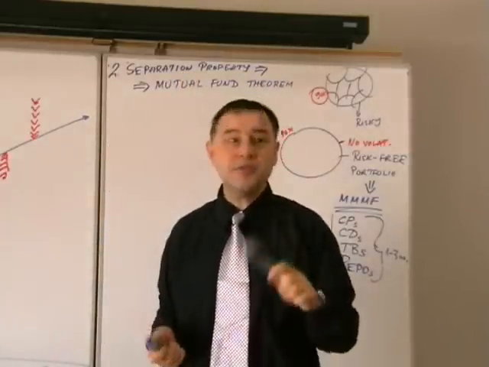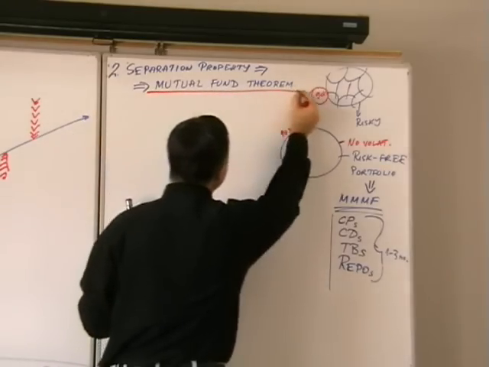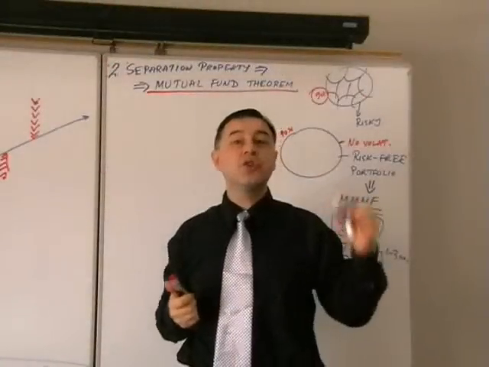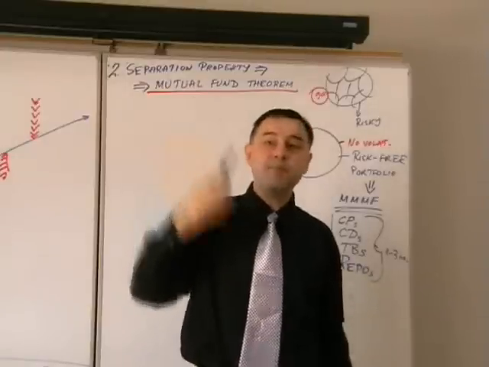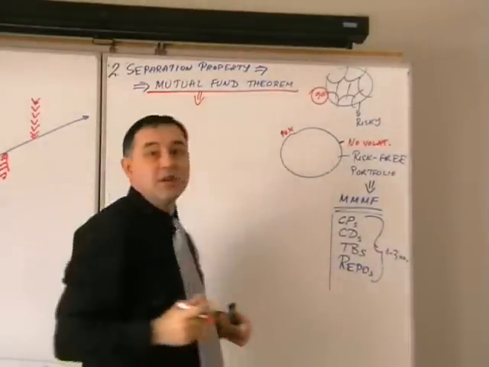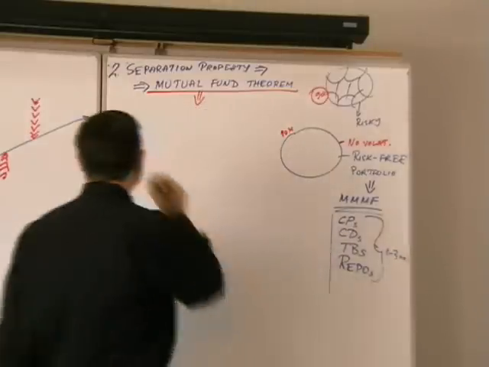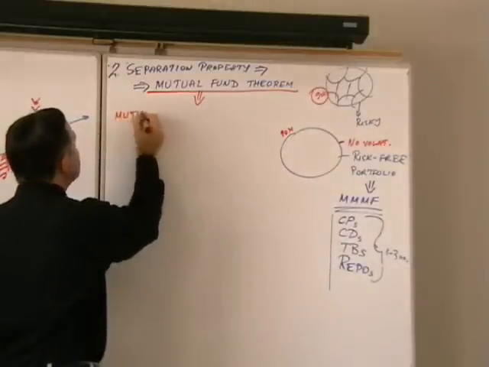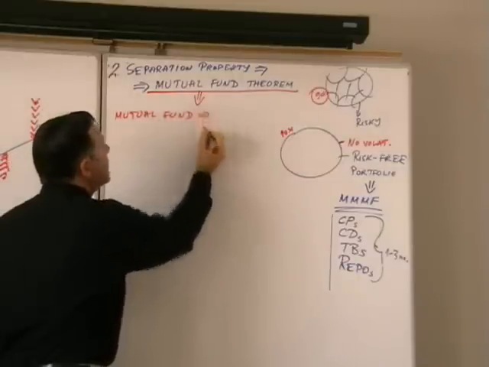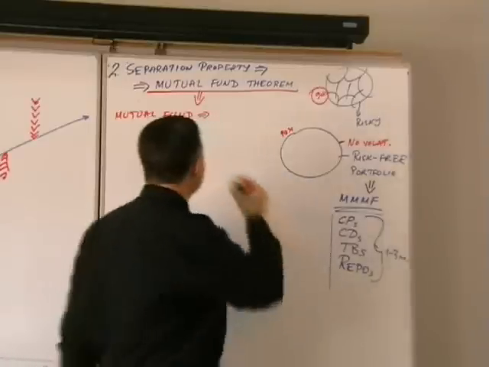Well, out of this property, in the capital asset pricing model, you get the mutual fund theorem. The mutual fund theorem simply says that you will simply have one mutual fund. That fund will consist of the market portfolio.